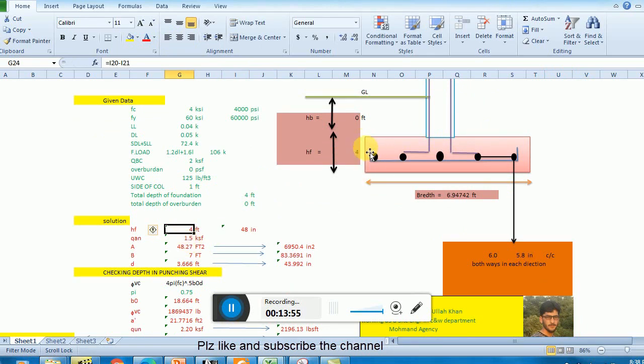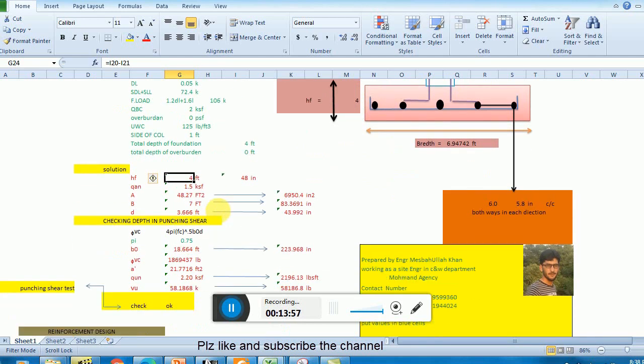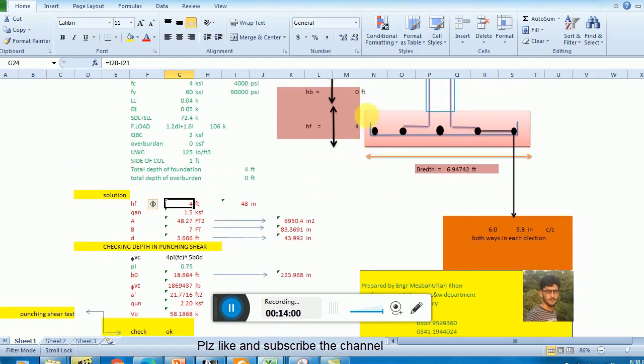Total depth of overburden is 0. Clear? HF is basically the thickness of this footing. The sheet assumes that the thickness HF is the total depth, but we are not using that. So we are using 12 inches or 1 foot, because we calculated the depth D assuming 1 foot.